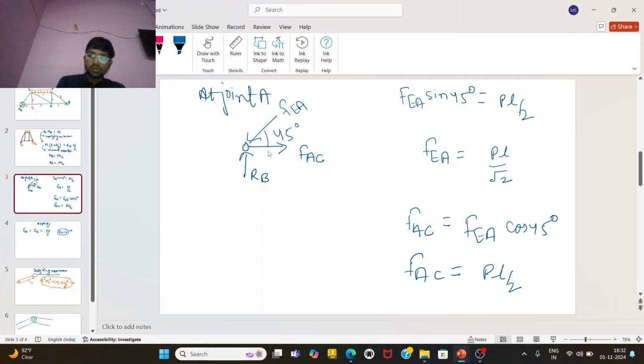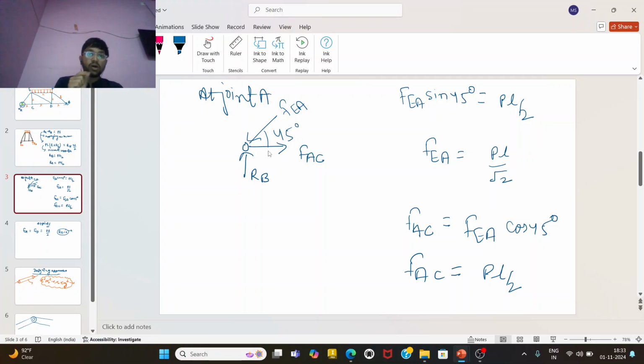When we remove the joint from a link, reaction forces will be there. Those reaction forces are FAC and FEA. These two forces, provided by the links when we separate the joint from the link, are the internal resistance forces.